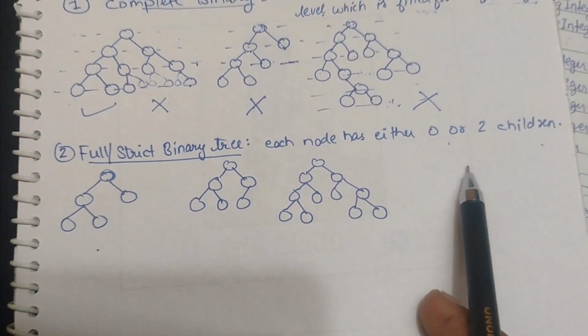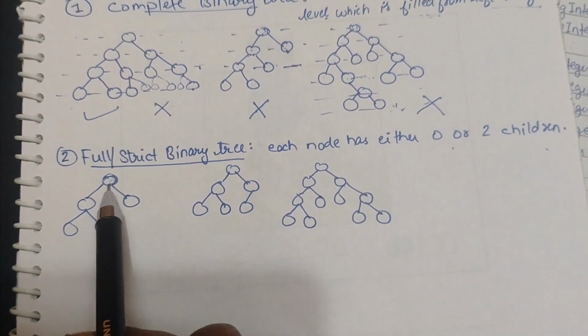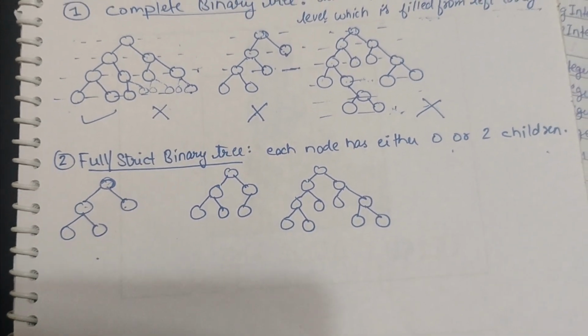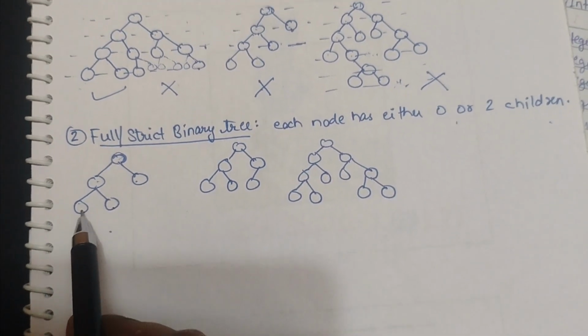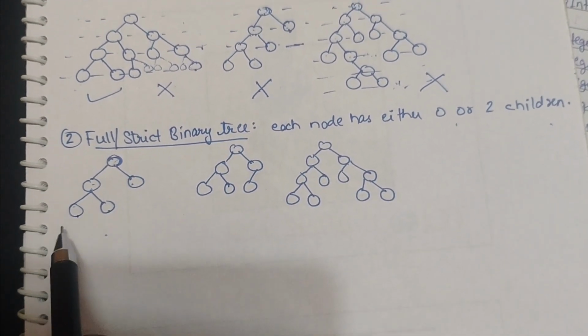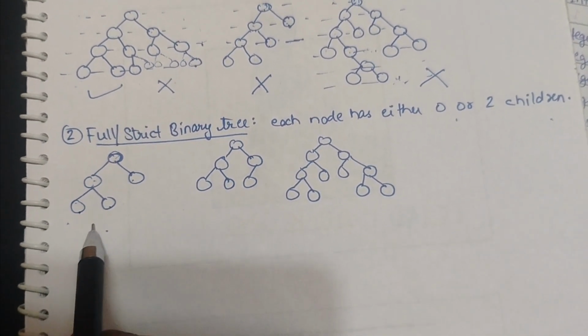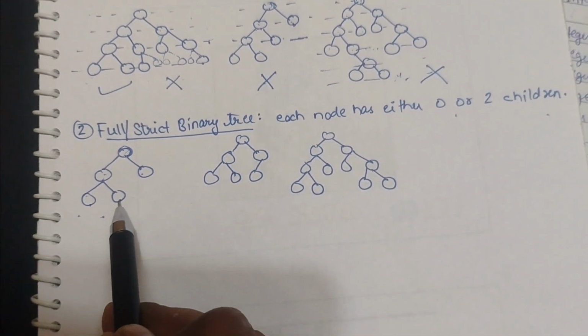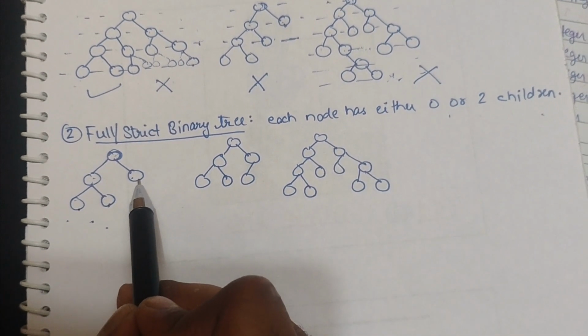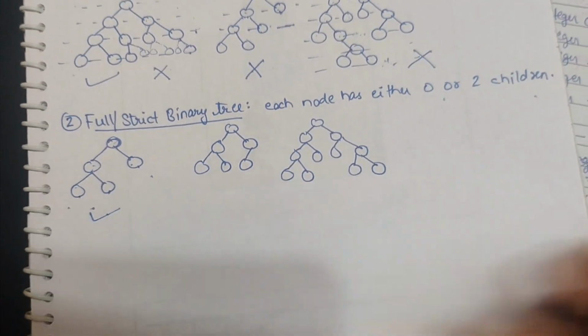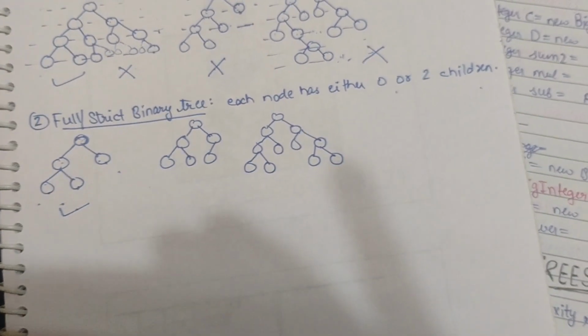Each node should have either 0 or 2. It is having 2 nodes. Okay, that is perfect. What about this node? It is also having 2 nodes. Good. This node is having 0 nodes. Okay, that is also acceptable. This node is having 0 children. Okay, acceptable. This node is also having 0 children. Okay, so we can say this is a full or strict binary tree.